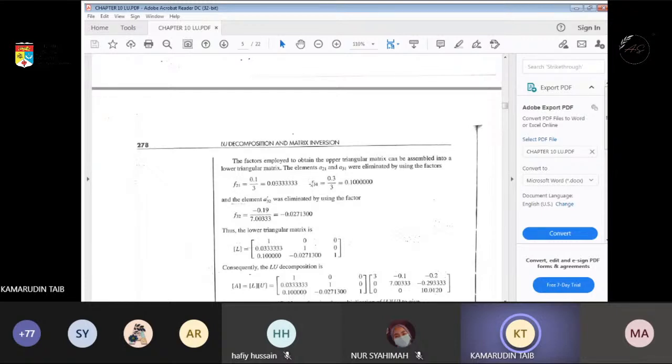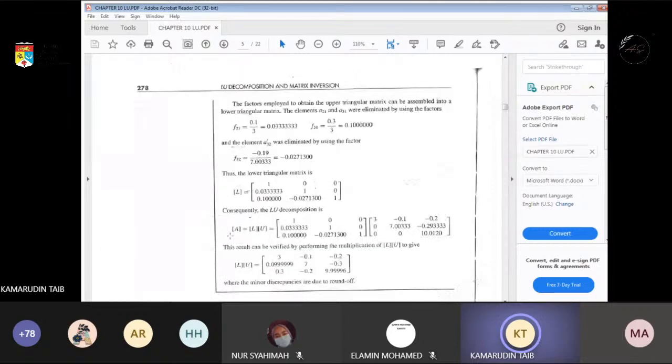F31 means third row, first column. F32 means third row, second column. And then put 1, 1, 1 in the main diagonal. So now we have A decomposed, and if you multiply L with U, you get the matrix A.